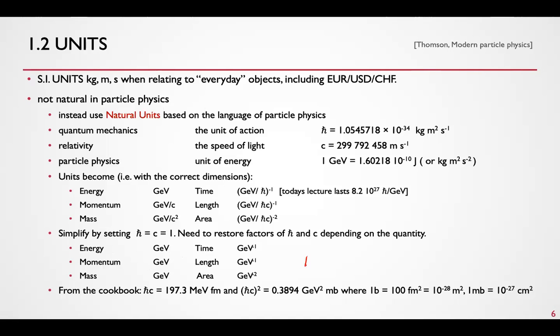So if you calculated a momentum of 10 GeV, and you need to know that this was a momentum and not a mass and not an energy, then you have to change this number to 10 GeV over c, the speed of light, according to the table here, and then insert the numbers, and then you will get the correct answer. Okay, and this works for all quantities, of course.